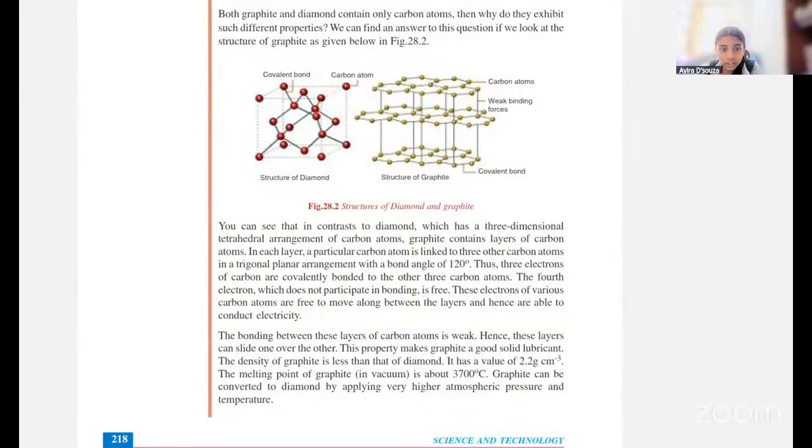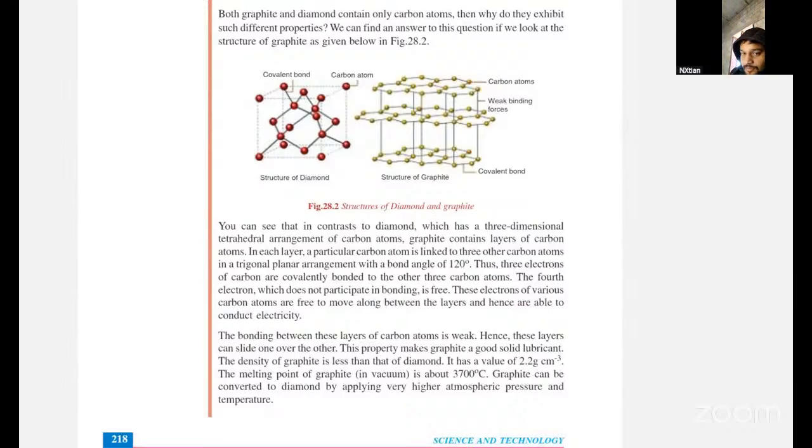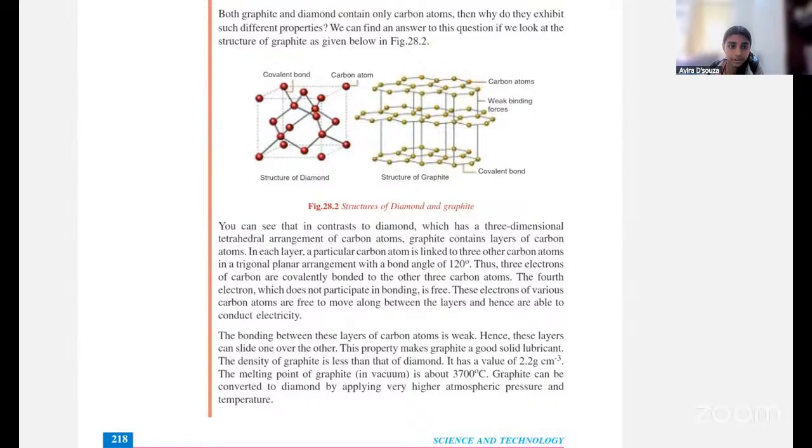You can see that in contrast to diamond, which has a three-dimensional tetrahedral arrangement of carbon atoms, graphite contains layers of carbon atoms. In each layer, a carbon atom is linked to three other carbon atoms in a trigonal planar arrangement with a bond angle of 120 degrees.